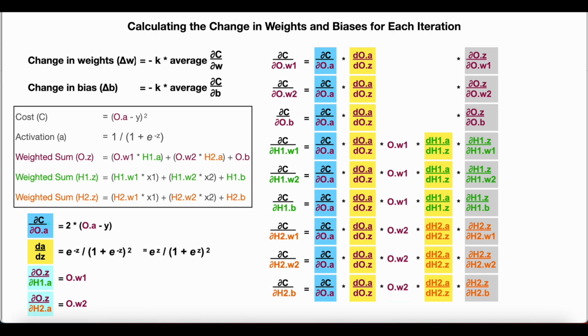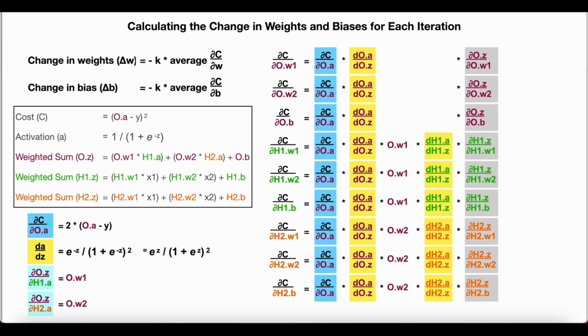So we've solved for the partial derivative of cost with respect to output A. We have the formula for taking the derivative of output A with respect to output Z. That same formula applies to H1A and H2A. We just plug in different A and Z values.